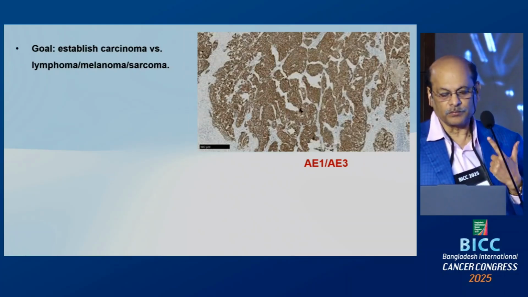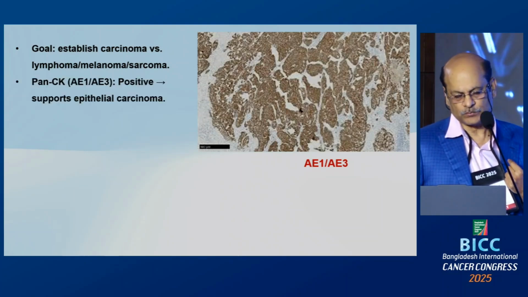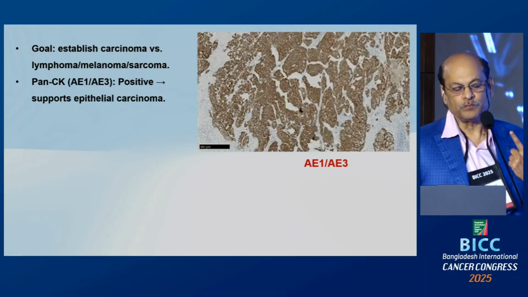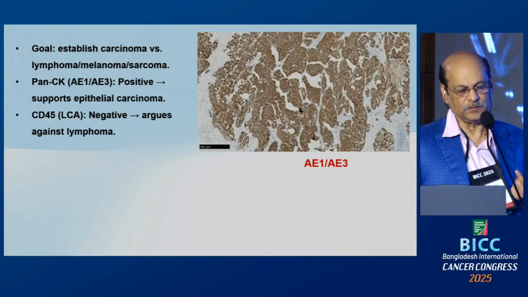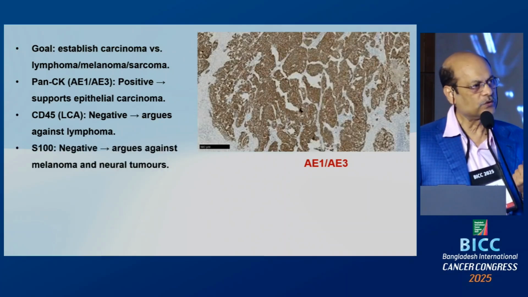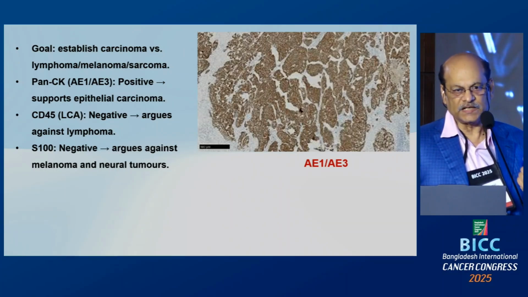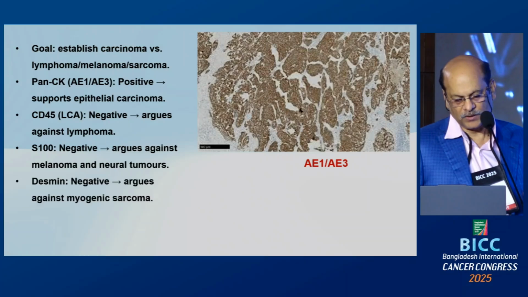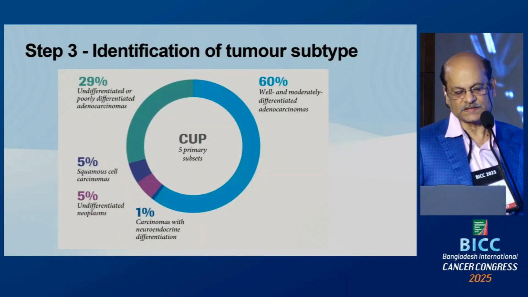For establishing a carcinoma, we have to see whether pancytokeratin is positive. Here pancytokeratin is positive, CD45 is negative, and S100 is negative. CD45 negative excludes lymphoma, S100 negative excludes melanoma, desmin negative excludes myogenic sarcoma.